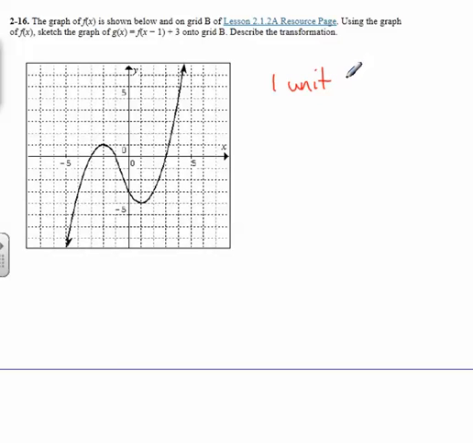It always seems backwards, so this is 1 unit to the right. And then for the up and down, it's always exactly what it looks like. So 3 units up. So that's what we're going to do. Take each of these key points and do that very same shift: 1 unit to the right and 3 up.